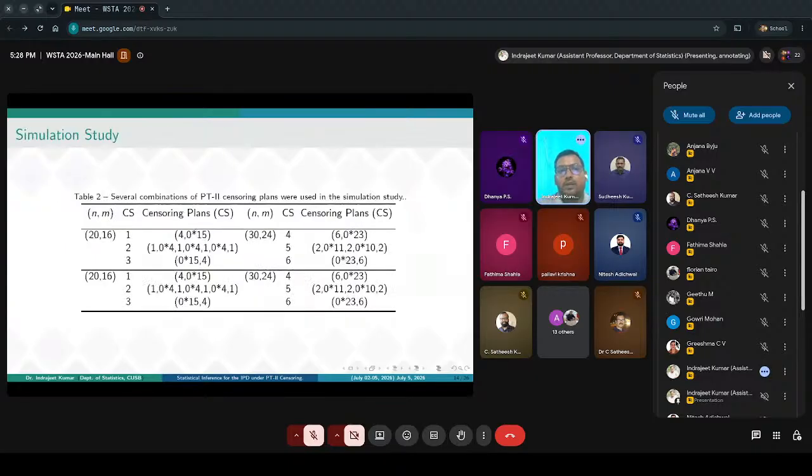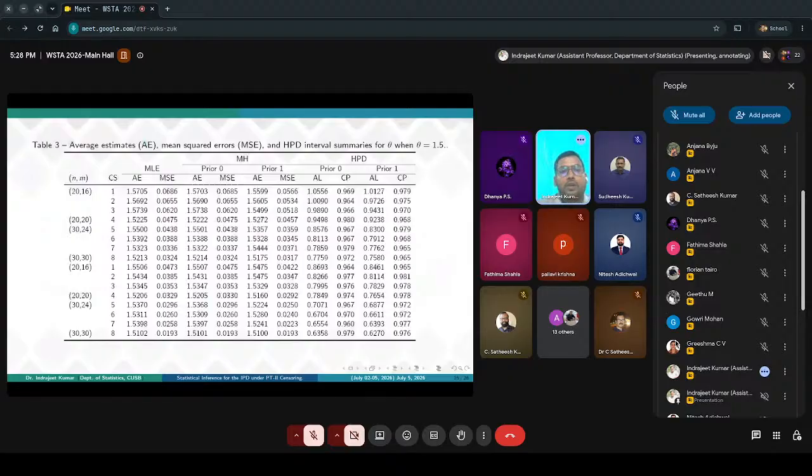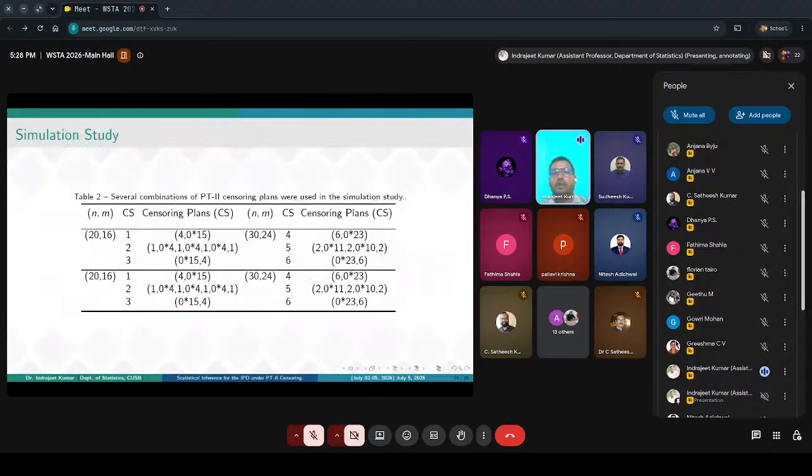So for the developed methodology, in this study we have performed a simulation study to examine the performance of the estimation techniques considered.